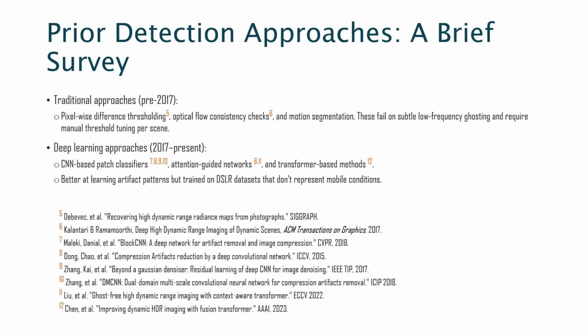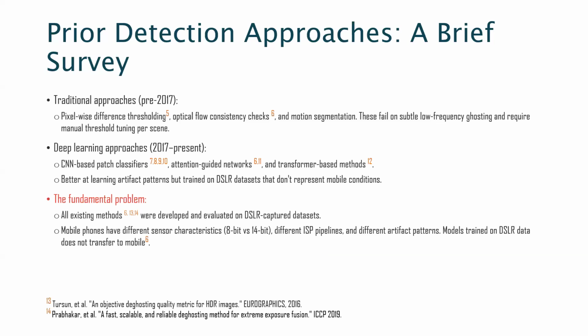They do not represent mobile capture conditions. They also do not consider handheld mobile phones. They were developed on a tripod, in which the camera is always static and the background is always static. So that is one problem.